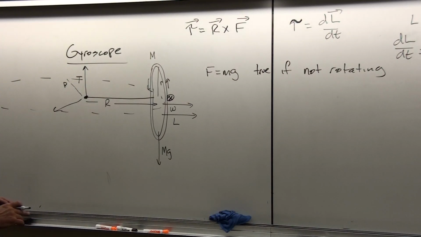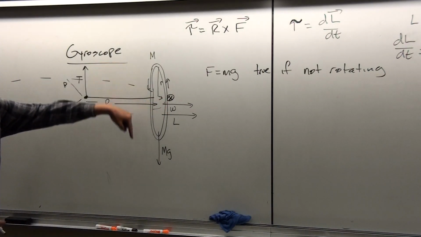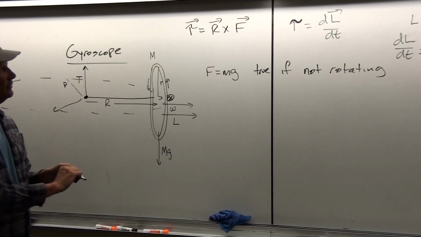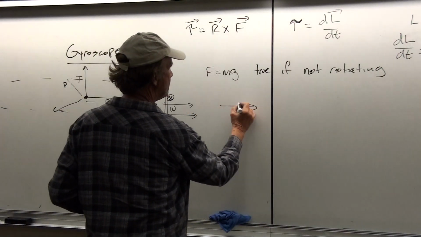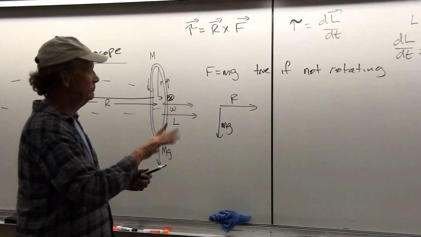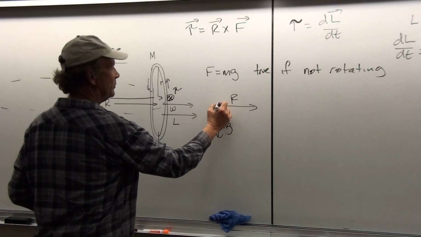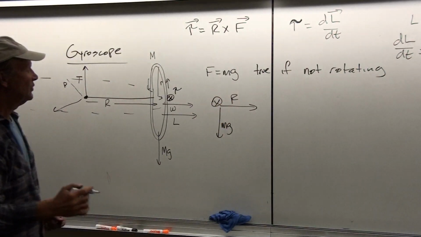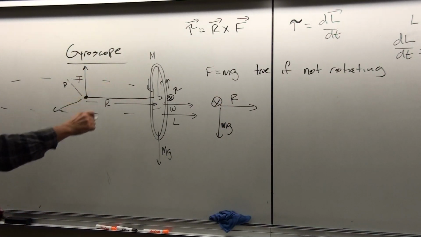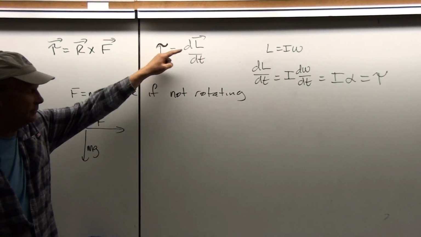Now the torque we can get from r cross mg, or r cross F. So if we do that, we get a torque that is into the page. So that direction of the torque must be in the same direction as the change in angular momentum.